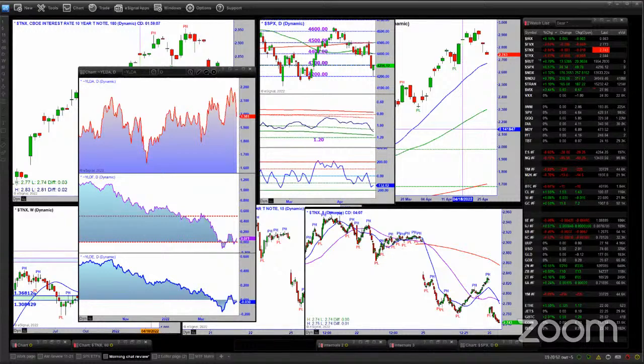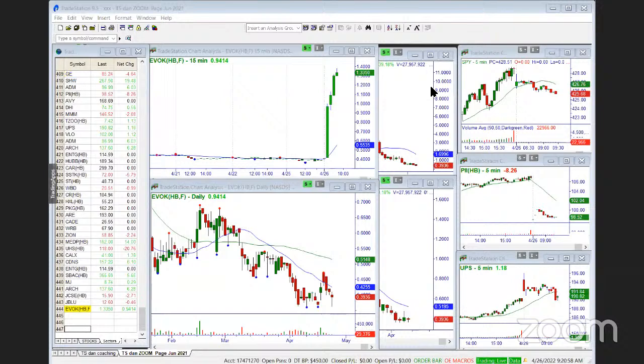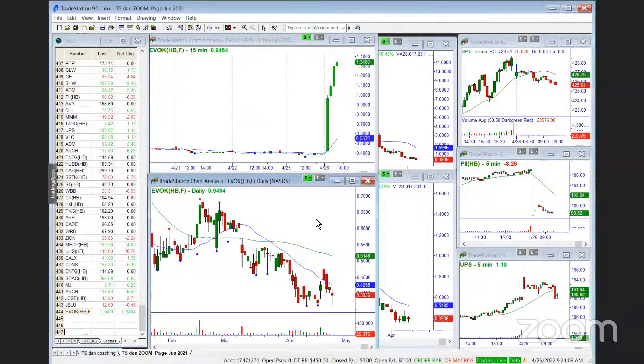Good morning. Yeah, we would love that measured move scenario, but we've got to be prepared if it doesn't happen. So let's see, ES.